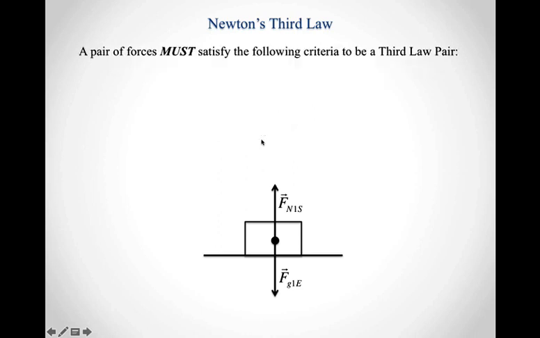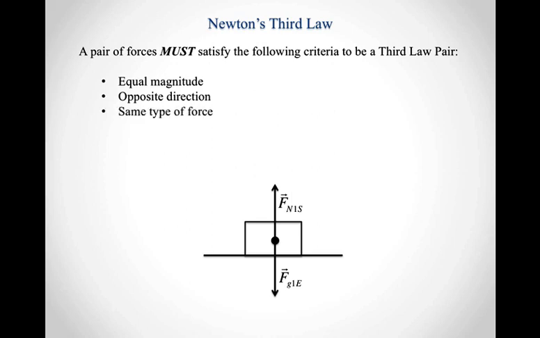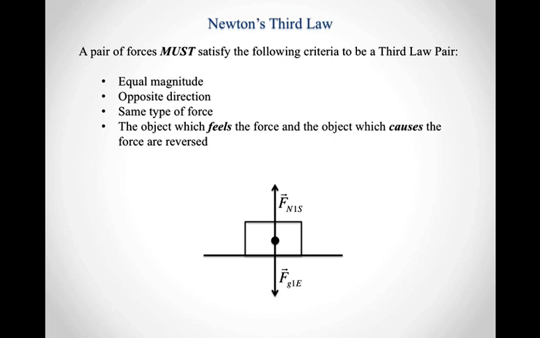So if you think about the rules that a pair of forces must follow to be a third law pair, there's four things. The two that we most commonly know are equal in magnitude, opposite in direction. But the two important details that we tend to forget are that they have to be the same type of force, and that the object which feels the force and the object which causes the force are reversed in your third law pair.